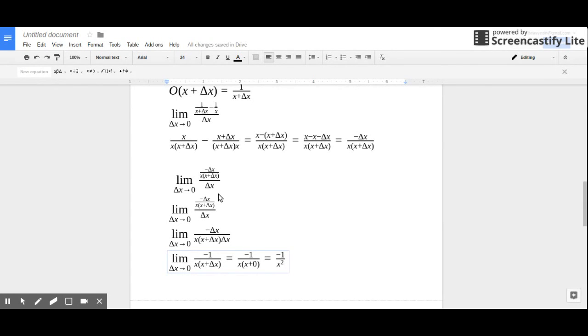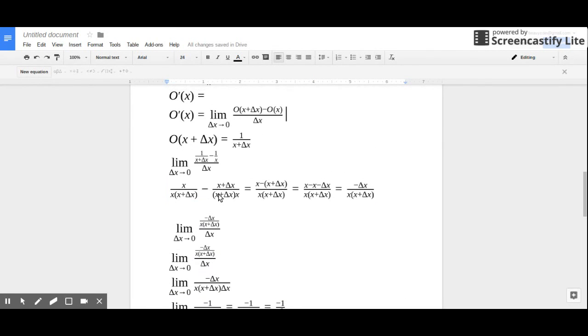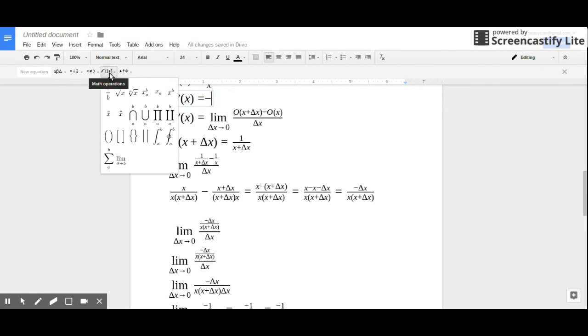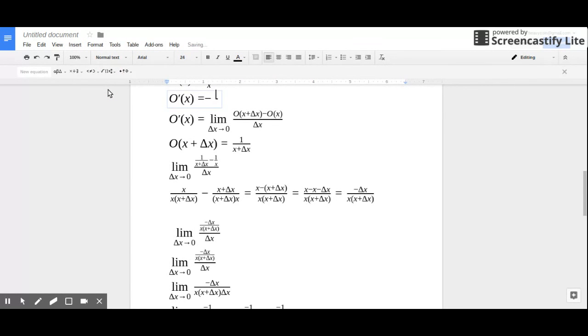So we finally found the derivative. It's negative 1 over x squared. However, we're going to take that negative and just bring it out front instead of leaving it up in the numerator. Negative 1 over x squared.